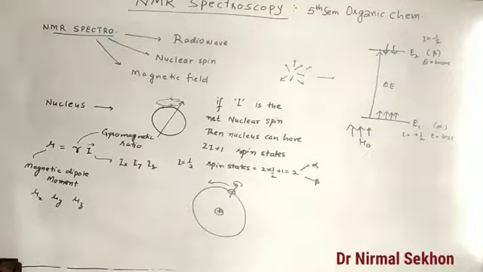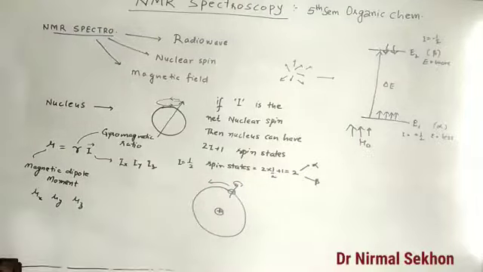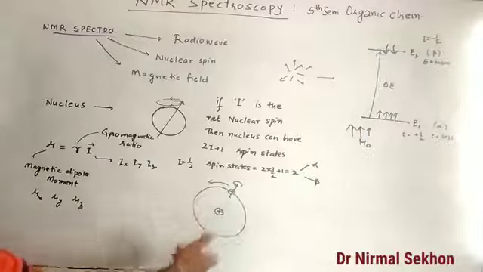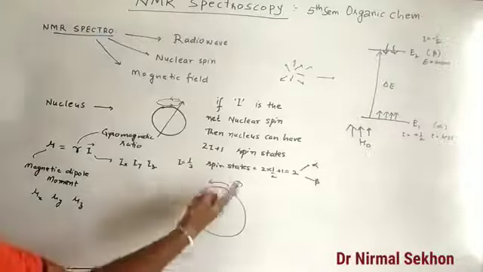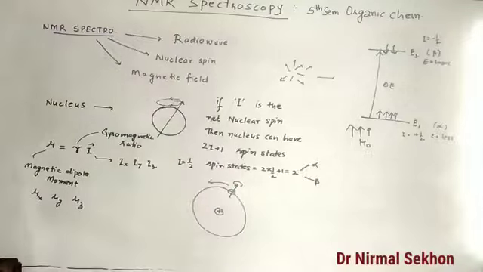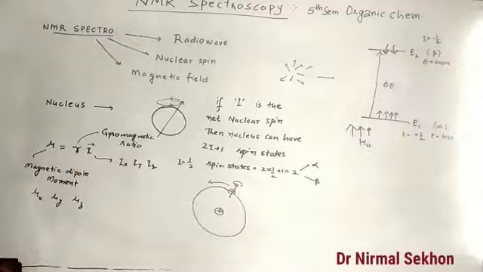One is the orbital angular momentum, which arises when the electron revolves around the nucleus, just like the Earth revolves around the Sun and also around its own axis. The electron has the same nature. When it revolves around the nucleus, it generates orbital angular momentum. But when it spins along its axis, either plus half or minus half, it generates spin angular momentum. So there are 2 types of angular momentum, orbital and spin. Orbital angular momentum is for the electron, not for the proton. For the proton we will discuss only the spin angular momentum, because it has spin only.